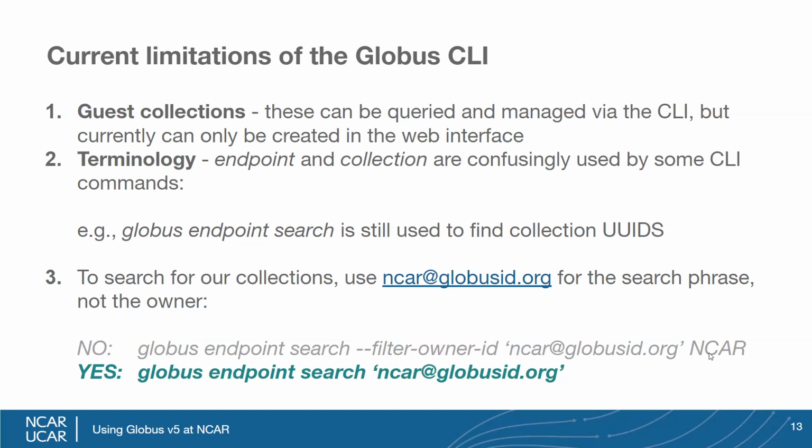It now seems like you'll want to run instead Globus endpoint search, and then just give our owner ID here, this NCAR at globusid.org, as the search string. I'm not sure why that's the case. It seems a bit confusing, but that will give you the endpoints, or the mapped collections that we provide, whereas this version will give you something else. So that's just something to be aware of.